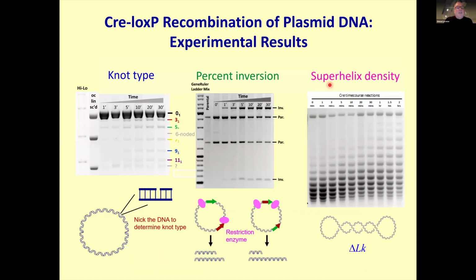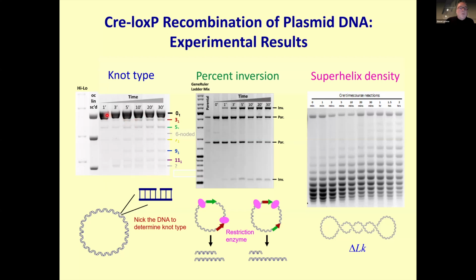So this is what the results look like in such experiments. The gel on the far left here is a knot type analysis of Cre. And this is a typical incubation that goes out to only 30 minutes. But what you see are the different DNA bands that correspond to different knot types that appear as a function of time. Remember now, all of these molecules are nicked.